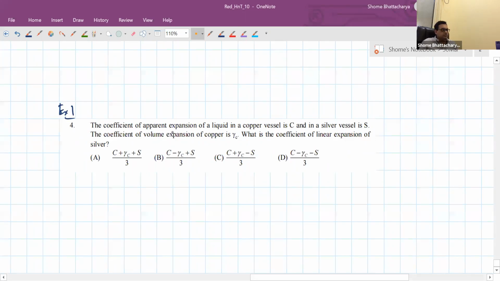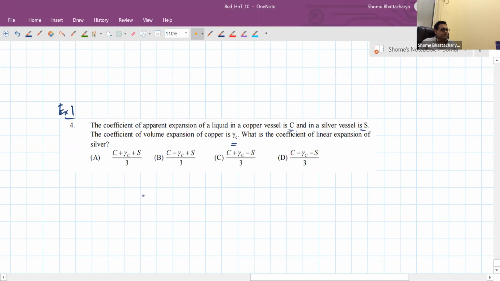So it says that coefficient of apparent expansion of a liquid in a copper vessel is C and in a silver vessel is S. So if the coefficient of volume expansion of copper is gamma C, what is the coefficient of volume expansion of silver? Okay.